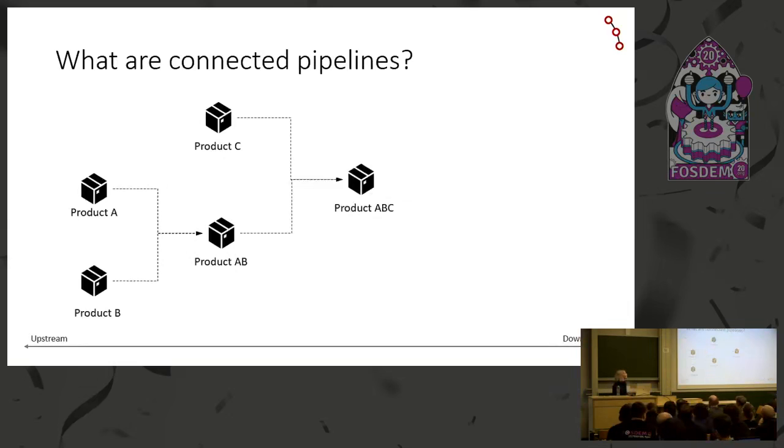So I spoke about connected pipelines, and what I mean by that is we usually integrate our products into each other, sort of. So they're hierarchies of products. So you've got product A and B to the left here, and they're produced in their own separate pipelines before they're together integrated into the next level or the next connected pipeline, producing the product AB.